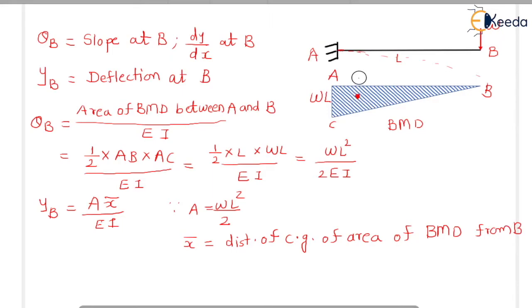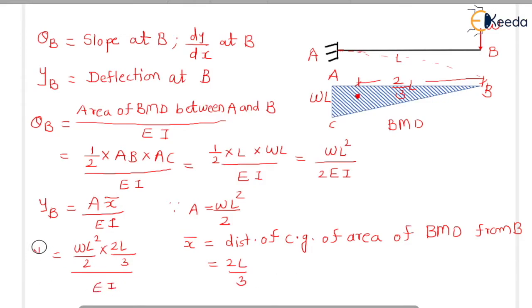This particular distance will be nothing but 2 by 3 of L. So this is the CG distance, 2L by 3. Substituting all these values in the above equation, it will be WL square by 2 into 2L by 3 divided by EI.